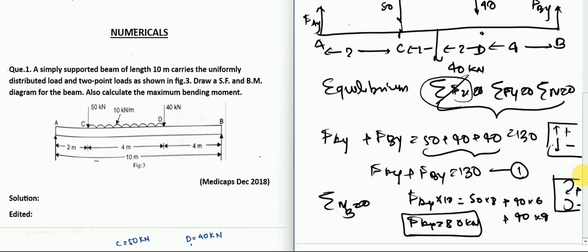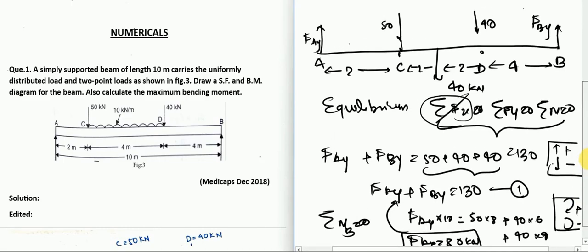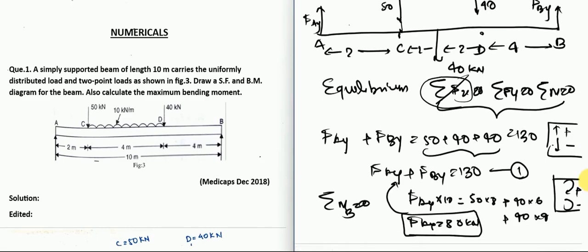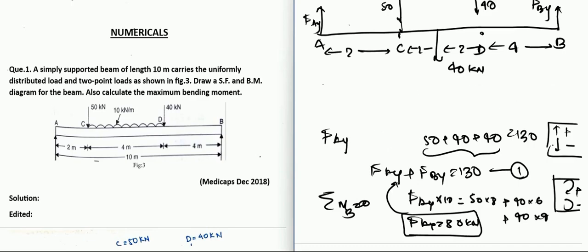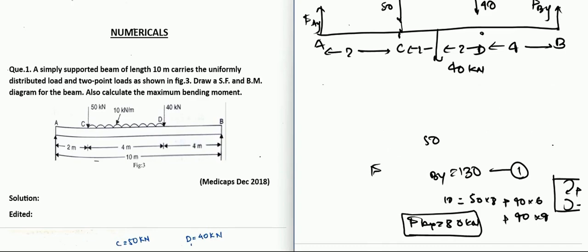You can put this into our equation 1 to get the Fby, which will be equal to 50, because 130 minus 80 is 50. So Fby will come out to be 50 in that case. As you can see, we have solved for Fay and Fby now. Let us move ahead with our solution. Fay comes out to be 80 and Fby comes out to be 50.